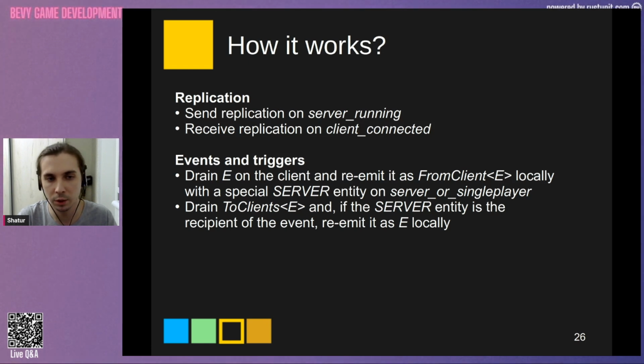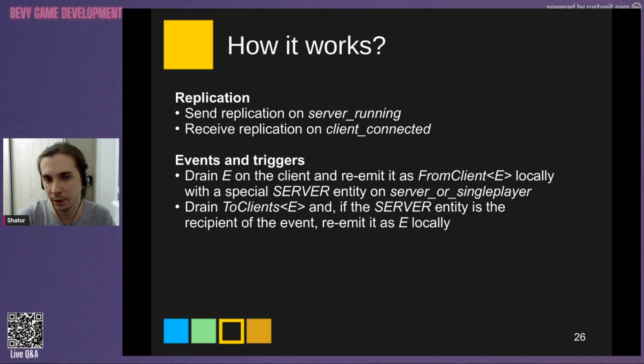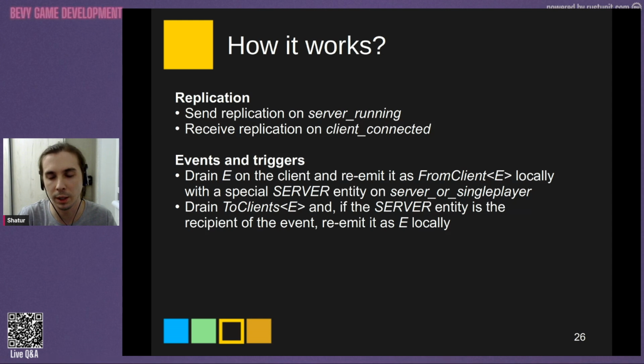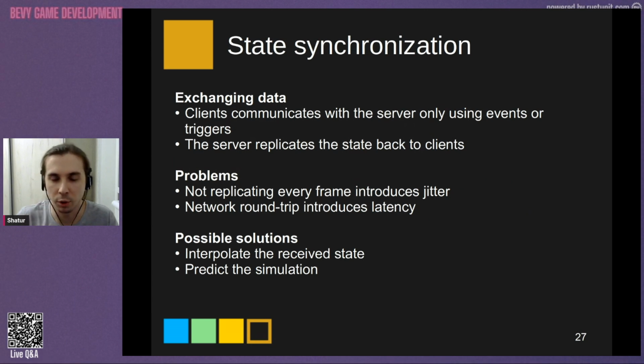We just drain them and resend them locally on the server if the server is a recipient of this event. So I previously mentioned that you can run both server and client in a single app, but we actually don't need to, because we can carefully drain and retrigger events and triggers locally. And replication doesn't need any special logic for it. That's it. This is why it just works in Replicon, and this is why I think it's quite simple.